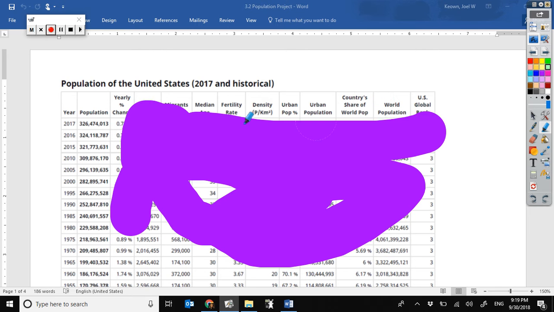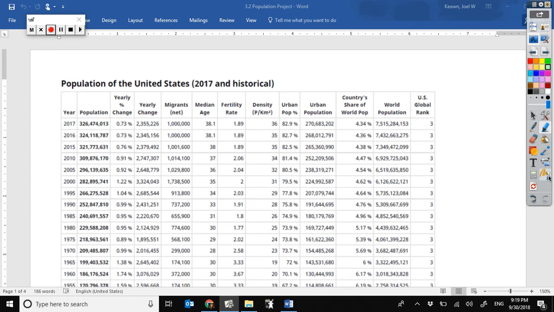So all you really need is this right here. Alright, year and population. I don't know why I colored all over that. So you need the year column, the population column. The reason why I gave you all of it is I just copied and pasted over, and it was easier to not have to cut it all out. So all you really need, first 2 columns.